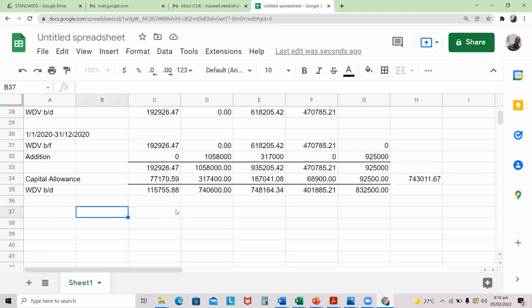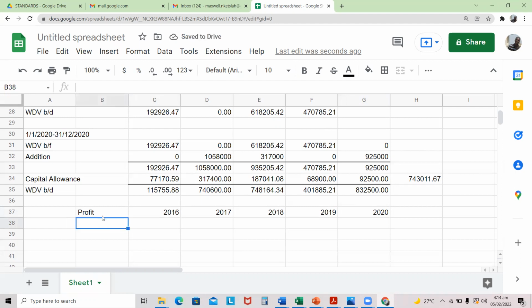So we should know the profit for 2016. Let's list the profit: we have 2016, 2017, 2018, 2019, 2020.